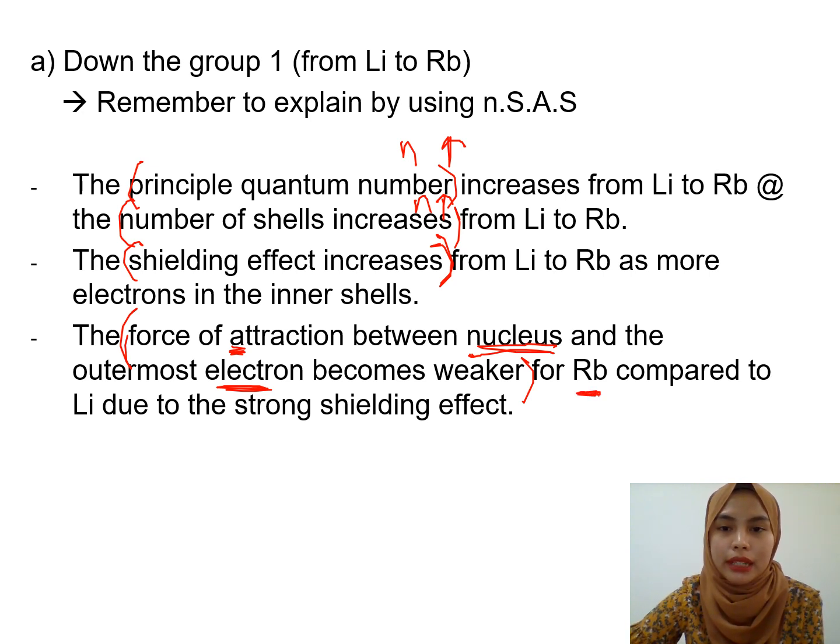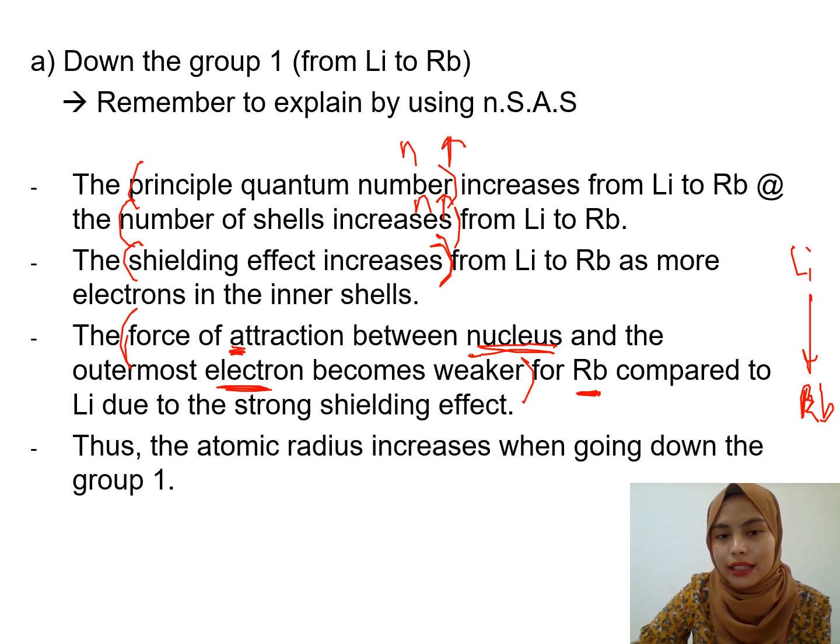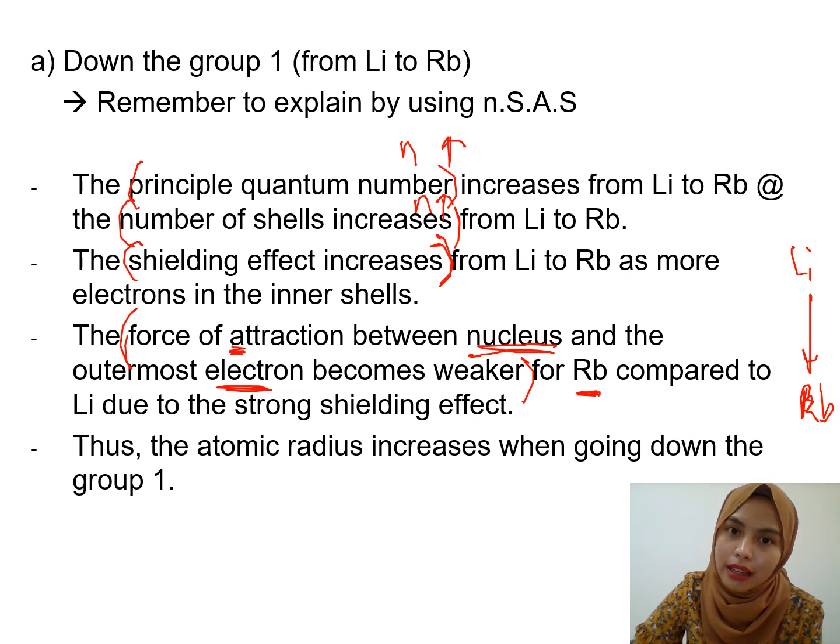Sebab rubidium yang paling bawah kan. Lithium sampai rubidium. Compared to lithium due to the strong shielding effect. Thus, the atomic radius will increase when going down group 1. Sebab itulah size of the atom besar going down the group. Okay, next.